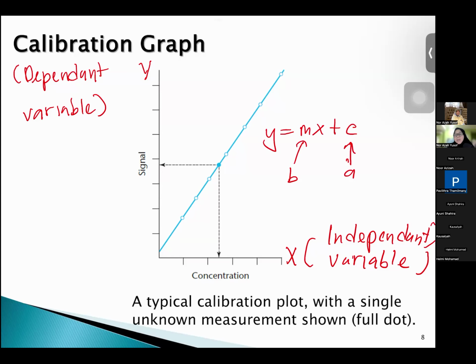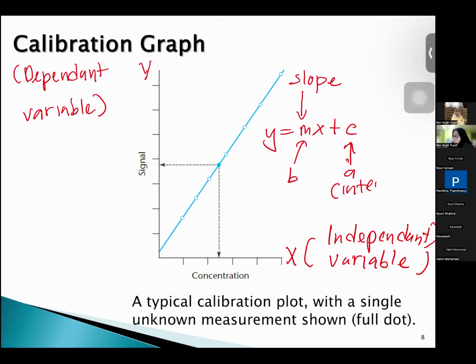I'm actually using their slide sometimes, it's okay. So this one represents the slope of the calibration plot. And this one represents the intercept.